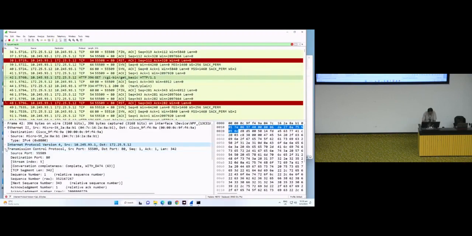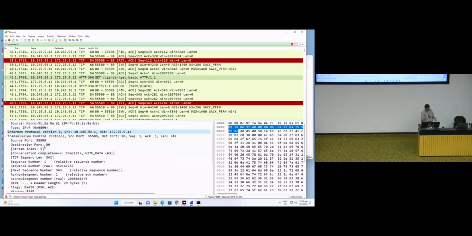So today we're going to start talking about the transport layer. This is the layer 4 header. And in the layer 4 header, you're going to see something called port number. That's the destination port. So I'm talking to Google, let's say, and Google's web server is running on port 80, because as I said, by default, web servers run on port 80. HTTP traffic by default is port 80. You can change it.